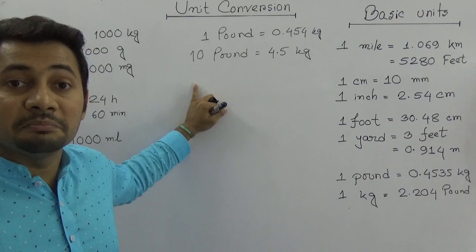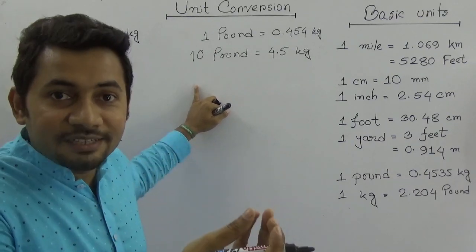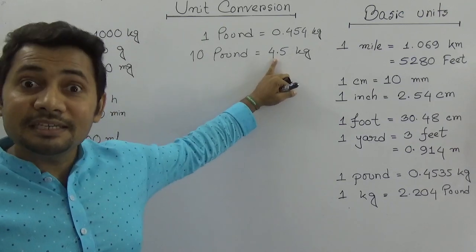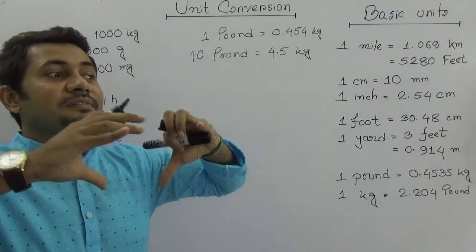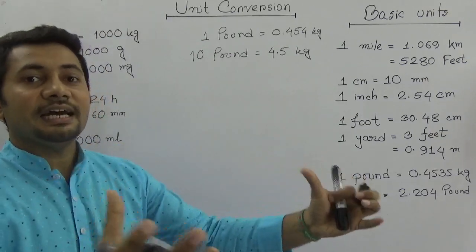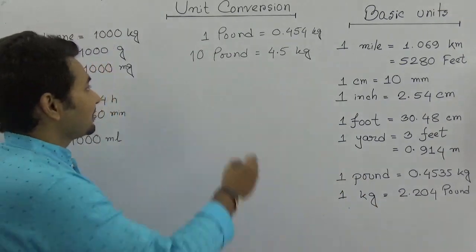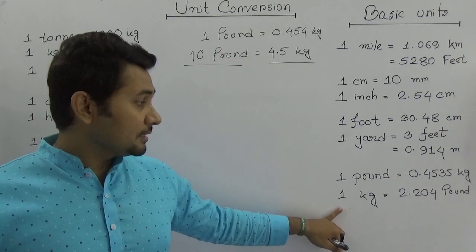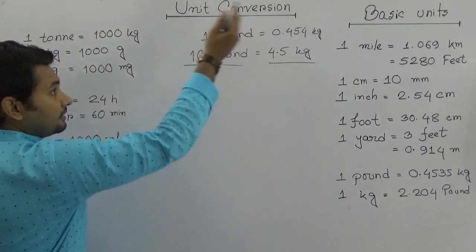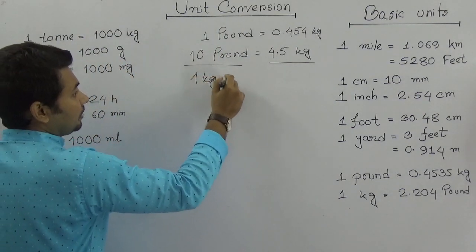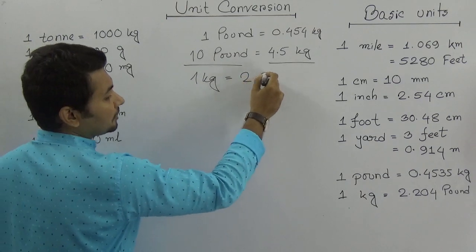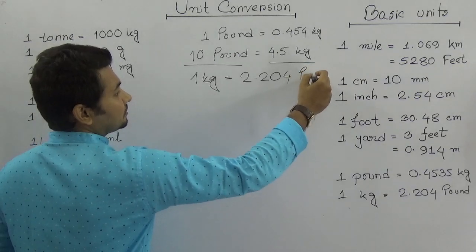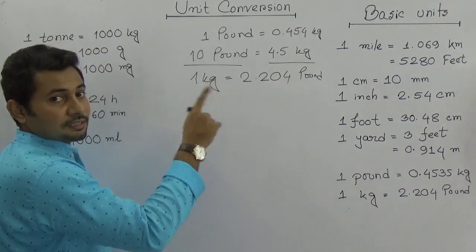So a 10 pound birthday cake is actually a 4.5 kilogram cake. So we can easily imagine the size of the birthday cake, because 10 pound is 4.5 kilogram. And reversibly, 1 kilogram is 2.204 pound.